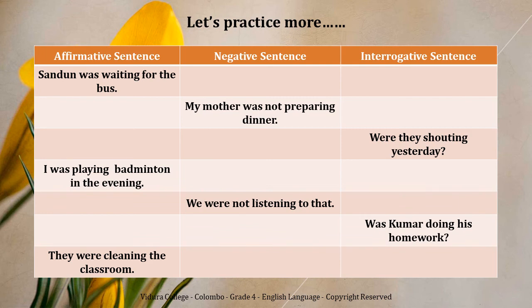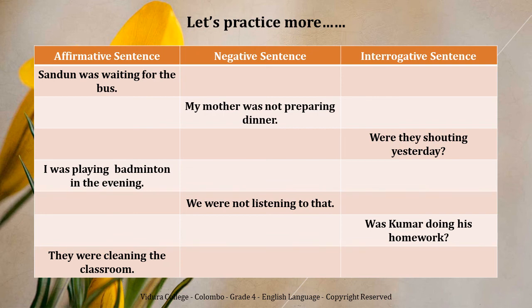Was my mother preparing dinner? Third one. There I have given you the interrogative sentence. You have to fill the affirmative and the negative sentence. Were they shouting yesterday? Affirmative sentence should be they were shouting yesterday. Negative sentence, they were not shouting yesterday.